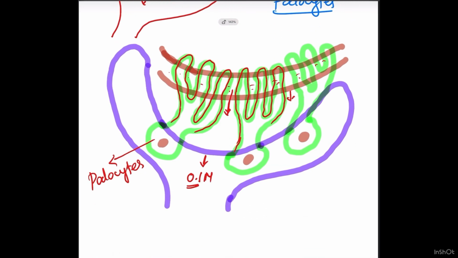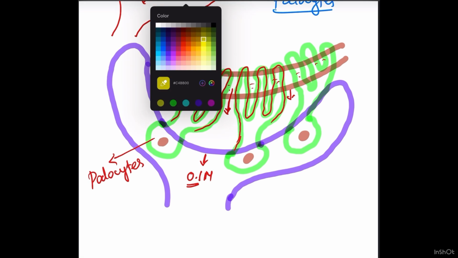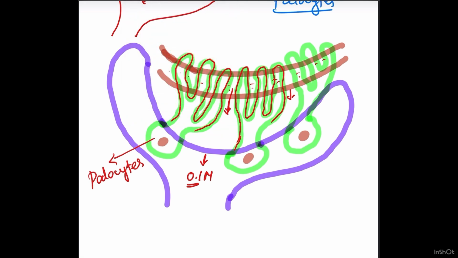And now we go here, that's shown again. This is the basement membrane. The basement membrane is present in this region, between the blood vessel, the glomerulus, and the inner layer of the Bowman's capsule. So how many membranes are present in the filtration membrane?